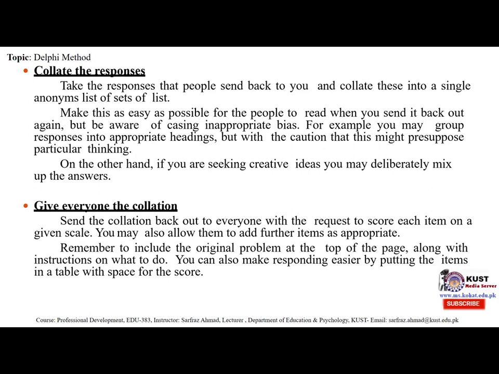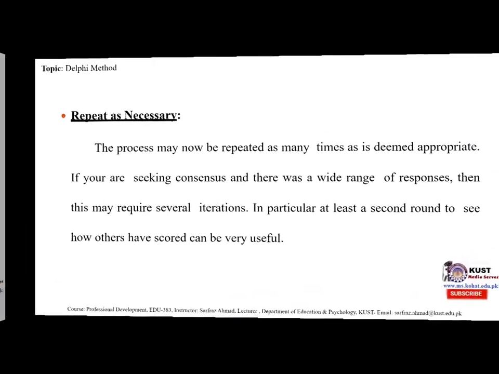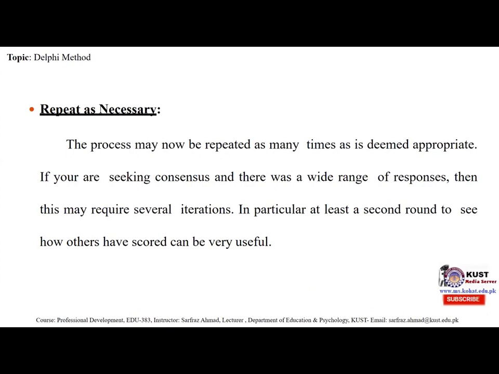You can also make responding easier by putting the items in a table with space for the score. Then repeat as necessary means the process may be repeated as many times as deemed appropriate. If you are seeking consensus and there was a wide range of responses, this may require several iterations, in particular at least a second round to see how others have scored can be very useful.